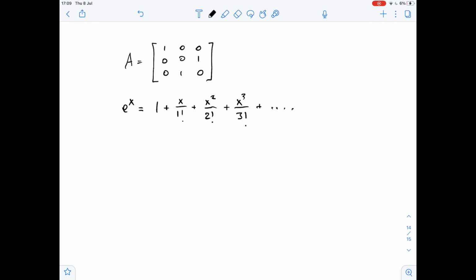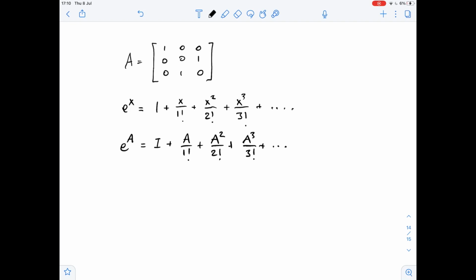Same, this series also converges for a square matrix A. So we can write down that e to the power of A equals identity matrix I plus A over 1 factorial plus A squared over 2 factorial plus A cubed over 3 factorial, and so on. And I here is the identity matrix of the same order as A.